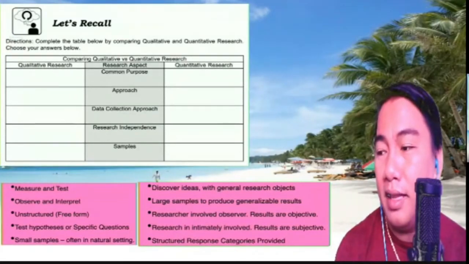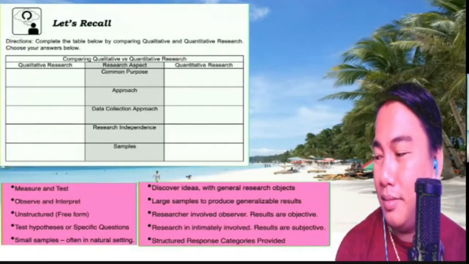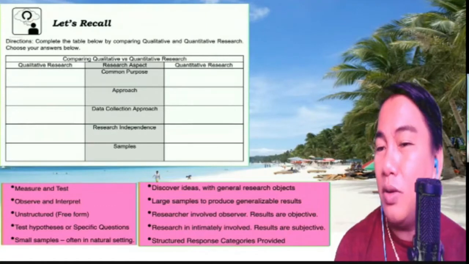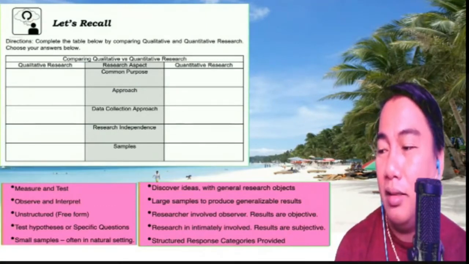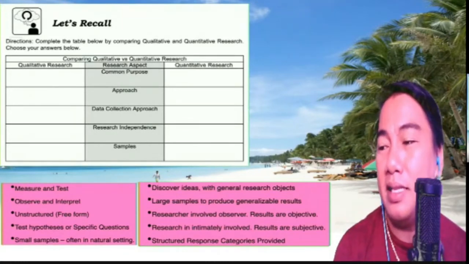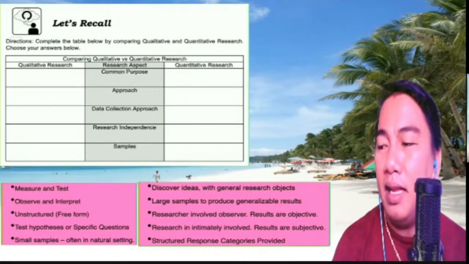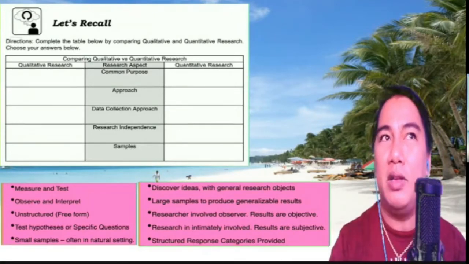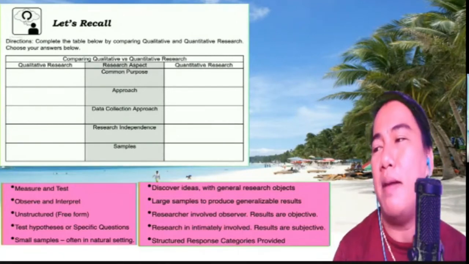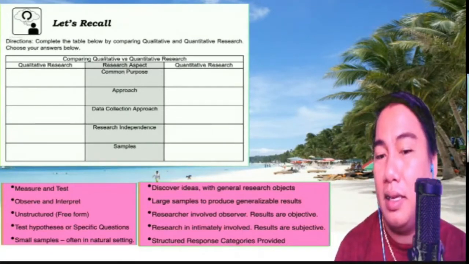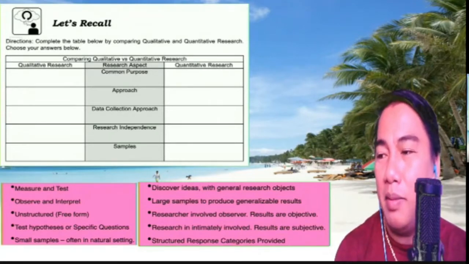Is that qualitative? Quantitative. That's quantitative according to Aljun. And then we're going to put that under research independence. Next, researcher intimately involved. You are part of it, you join in with the samples. Qualitative, and the results are subjective. We're going to put that under qualitative research independence.